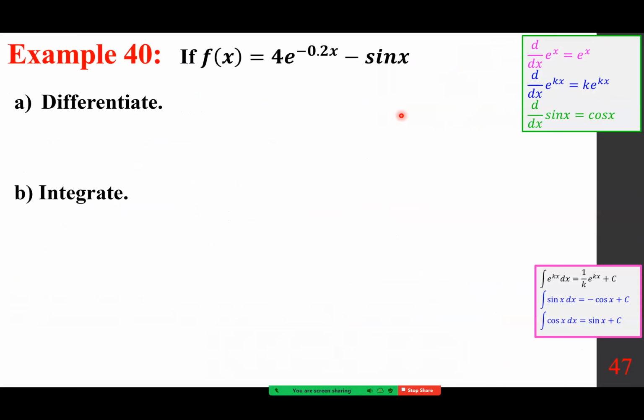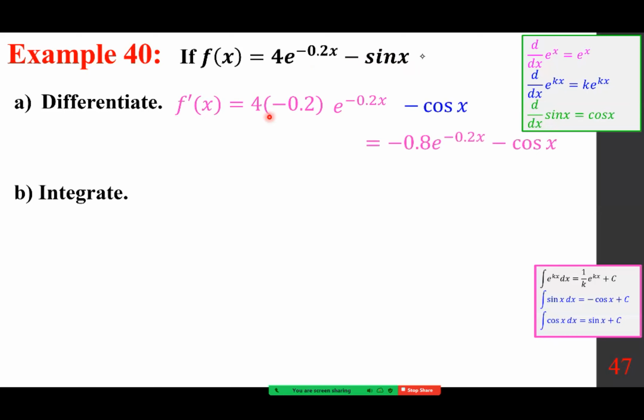I want to differentiate and integrate this because sometimes students make a mistake with this. When you differentiate the exponential, you multiply by negative 0.2. And the derivative of sine is positive cosine, so negative sine remains and sine gives you positive cosine, so minus cosine, and you multiply these two and you rewrite.